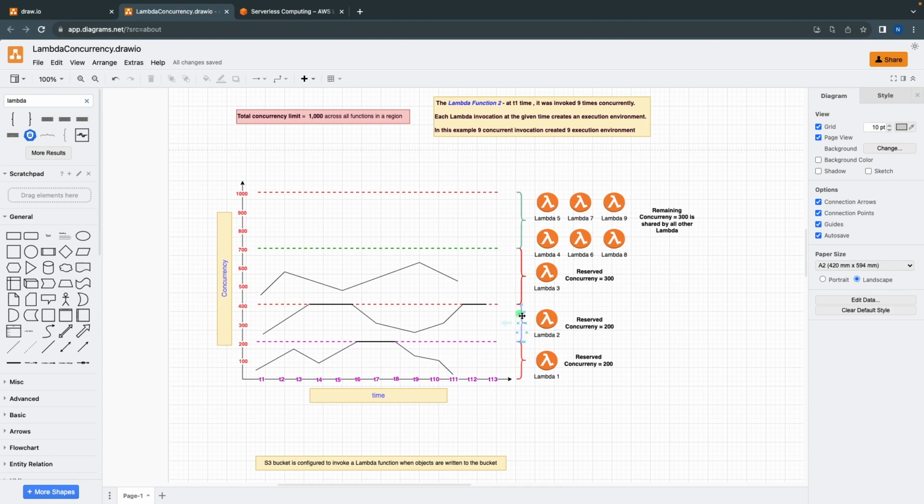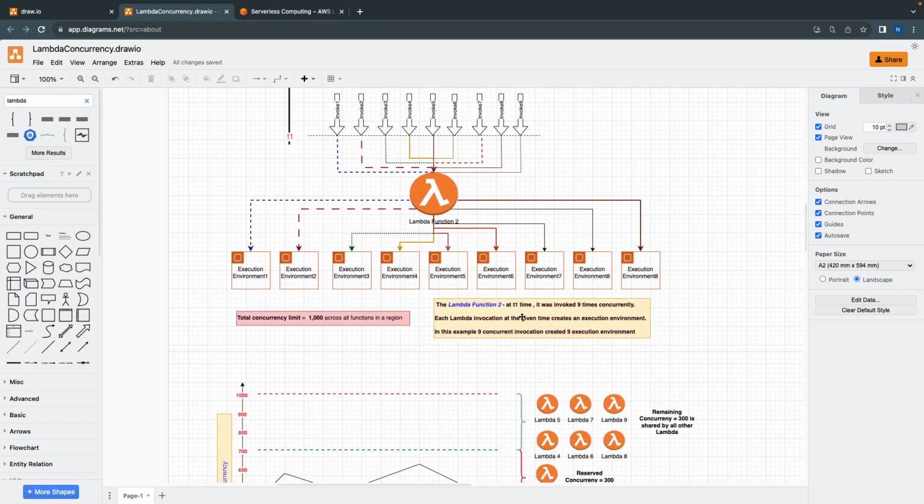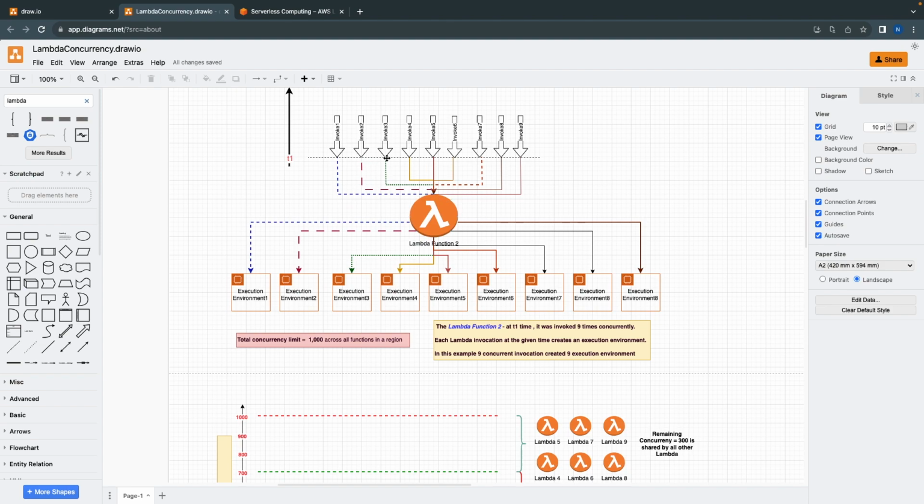So for example, let's say in the same example here, I have 10 concurrent executions, which means in this Lambda function, I set the concurrency limit of 9, but I'm getting a request for 10 concurrent invocations.